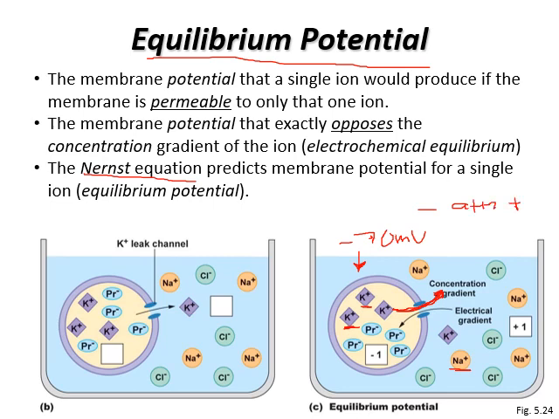As this area becomes more negative, there's going to be an electrical force that wants to keep potassium from leaving, because negative attracts positive. So as the inside becomes more negative, there's an electrical force drawing potassium in this direction. What the equilibrium potential is saying is: at what membrane potential do these forces equal out?